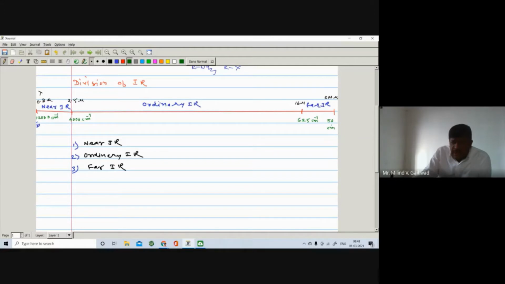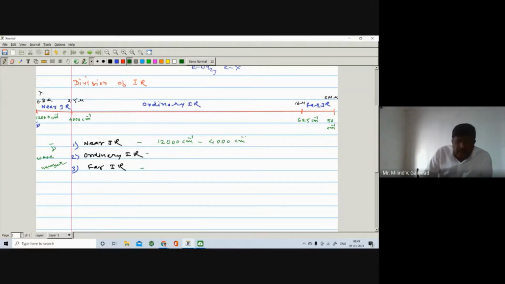So in this IR, you have to see a number of values, right? This near IR we can only see in terms of wave number. So this near IR is from 12,000 to 4,000 centimeter inverse.